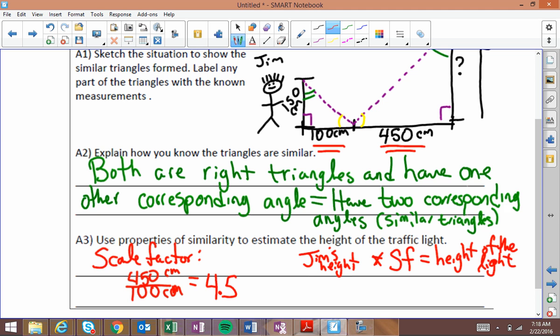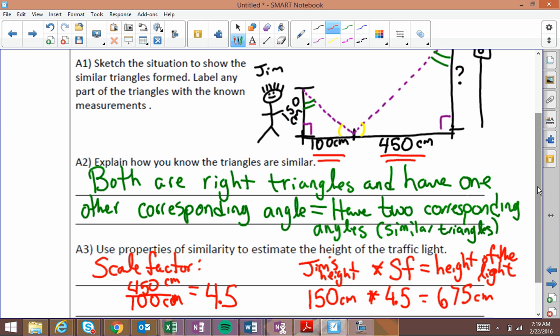So Jim's height was 150 centimeters. Multiply it by 4.5, and this will give me 675 centimeters. So the height of my traffic light up here is 675 centimeters.